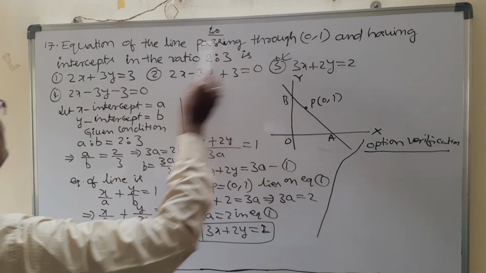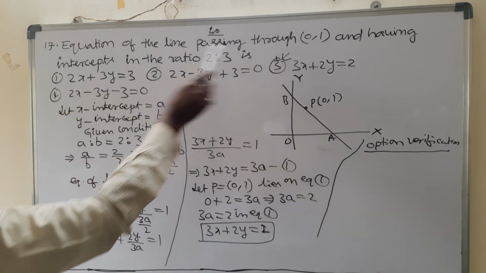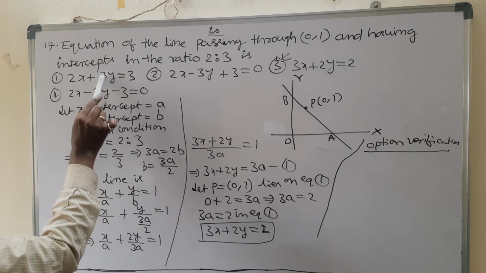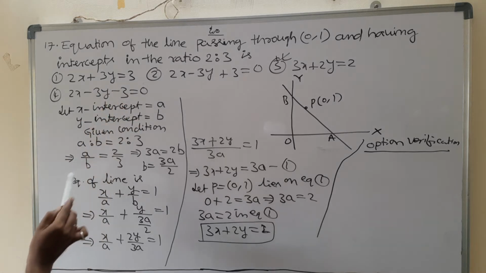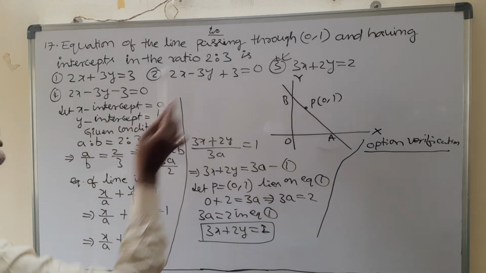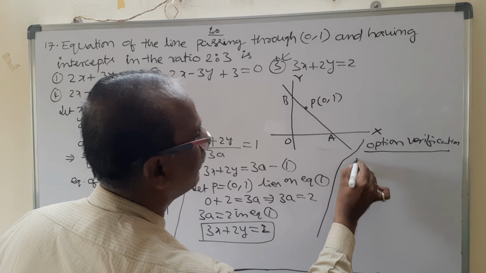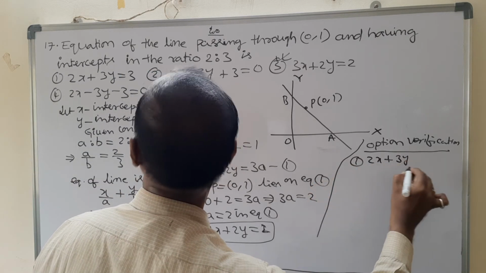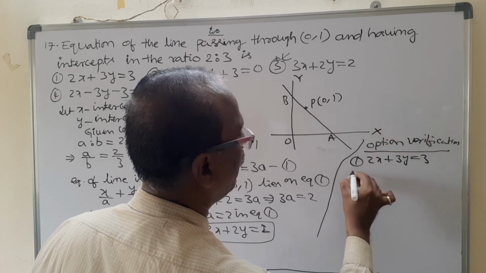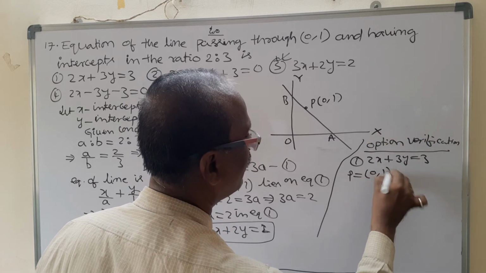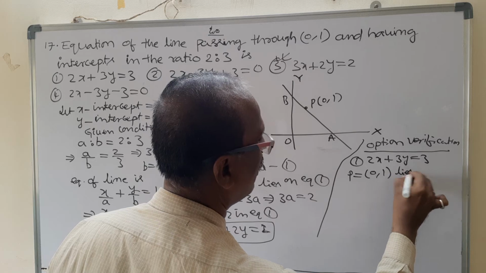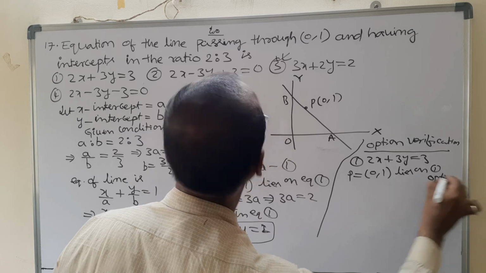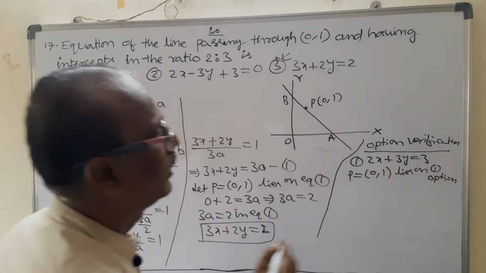Here, take the first option, 2x plus 3y is equal to 3, and substitute 0, 1. 2 into 0 is 0, 3 into 1 is 3, satisfied. P equal to 0, 1 lies on the first option. But we need to check whether a is to b is 2 is to 3 or not.